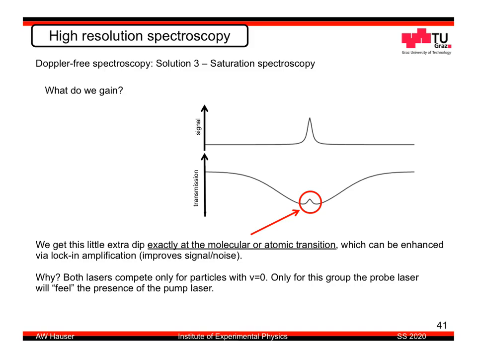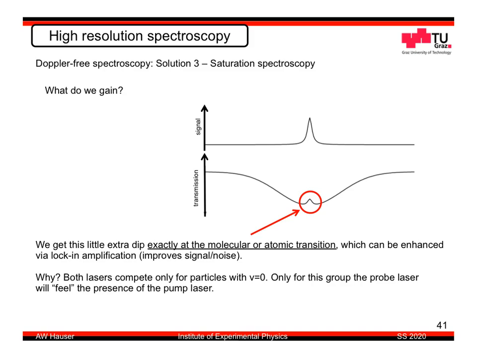And furthermore, for this group of molecules, the two lasers are feeling each other in the sense that the pump laser has already excited the initial state to some excited state K, and therefore the probe laser goes through with higher transmission probability because it does not get absorbed that often anymore due to this saturation effect.